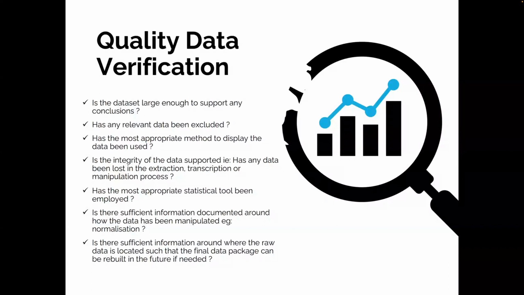Are you using the right statistical tools? Is there sufficient information that you can actually get back to the raw data? Has it been manipulated anyway? And also, where is that raw data located? If the factory got burned down, would you be able to replicate that? Can you make that link between the decisions in a really important forum, because the QSMR is deciding whether your quality system is adequate, back to the original data?